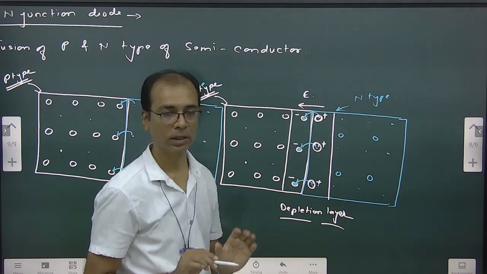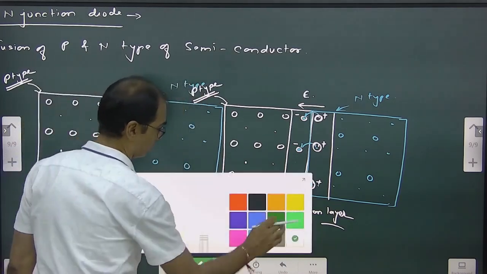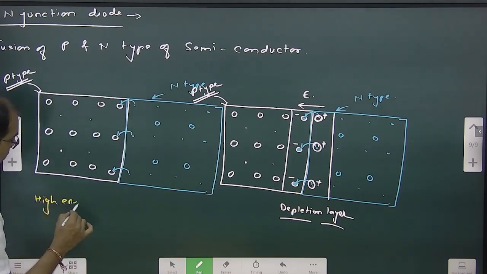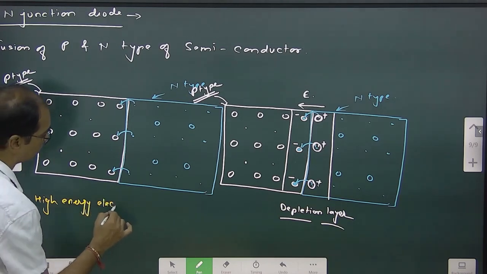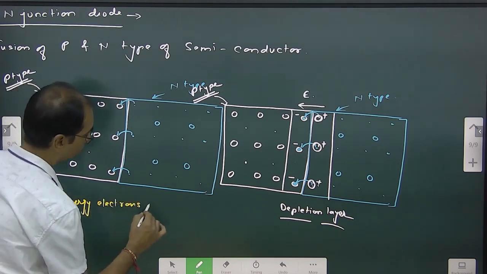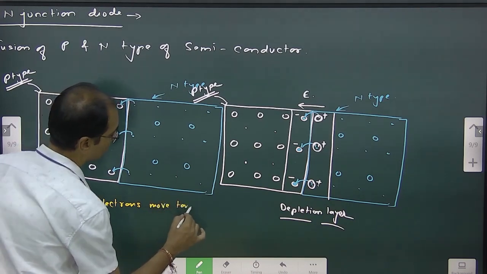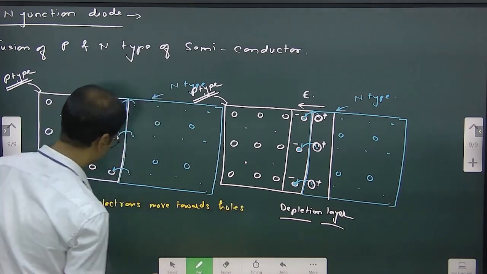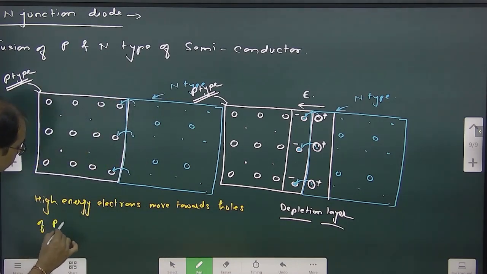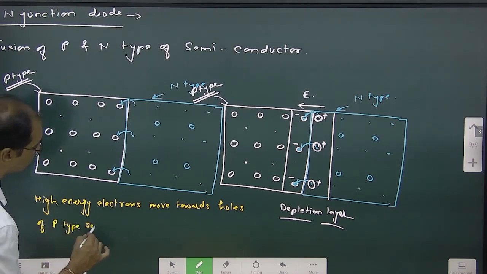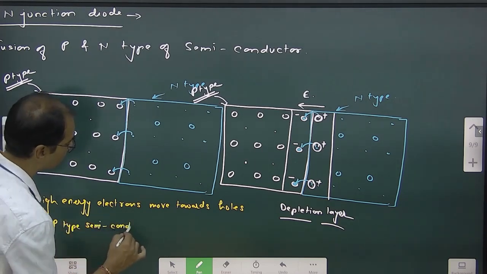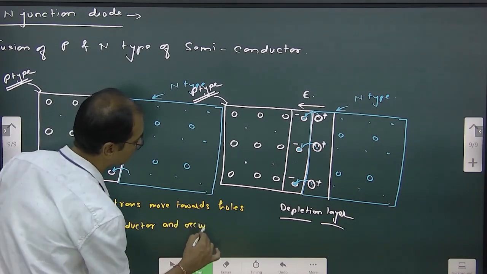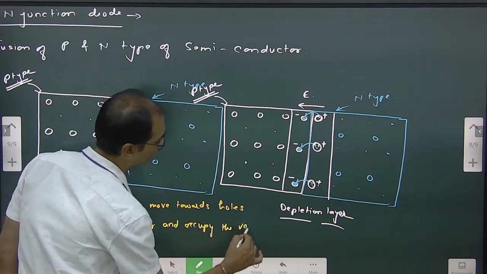Correct? Clear? So what is the first step? High kinetic energy or high energy electrons move towards holes of the P-type semiconductor and occupy the vacancy. There is no problem in that.